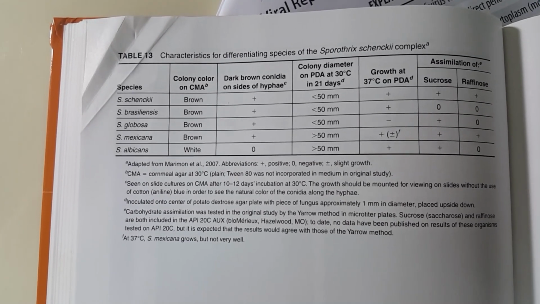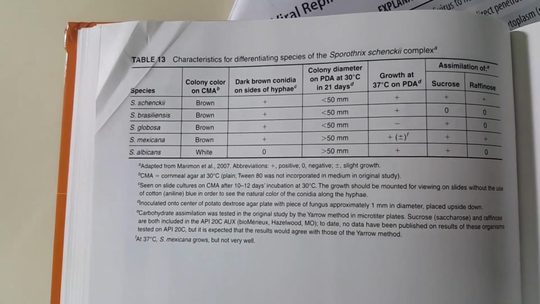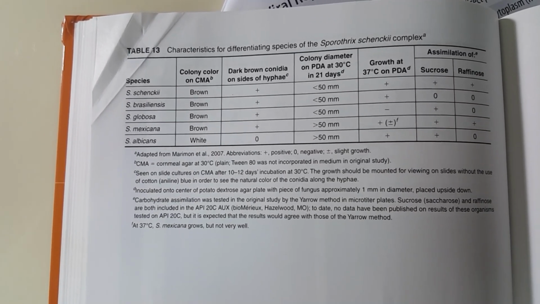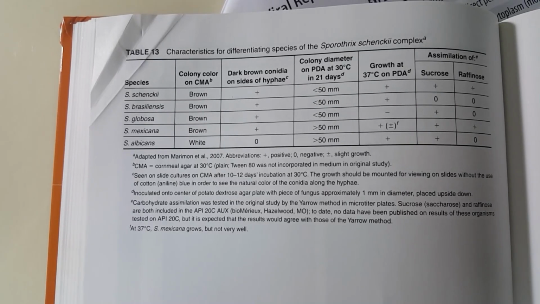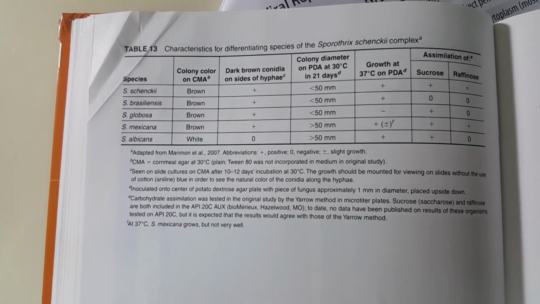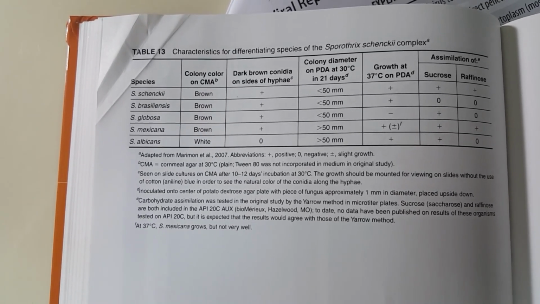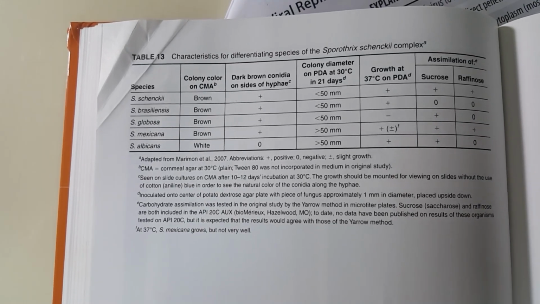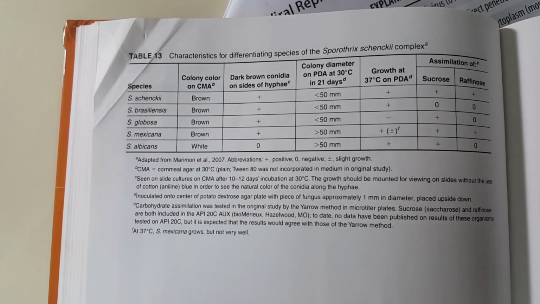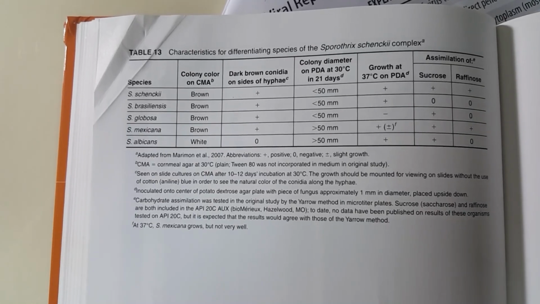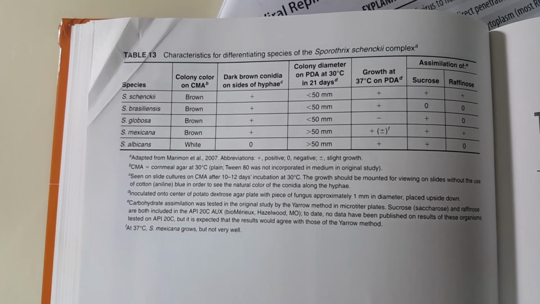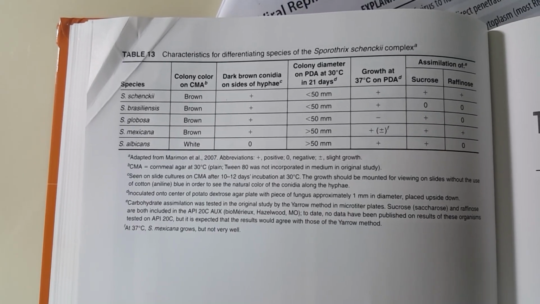Thermally dimorphic fungi include Coccidioides, Paracoccidioides, Penicillium marneffei, and some other species that show dimorphism with temperature. Sporothrix schenckii is also a thermally dimorphic fungus with five species, which can be differentiated on the basis of biochemical tests and assimilation of sucrose and raffinose.